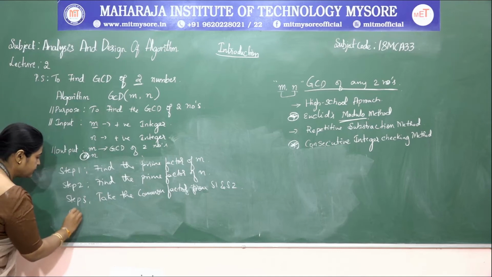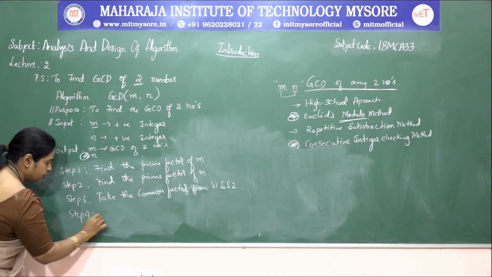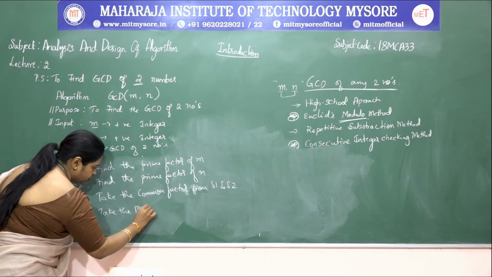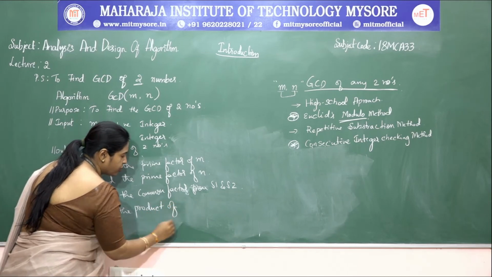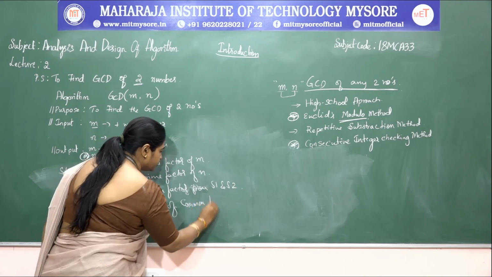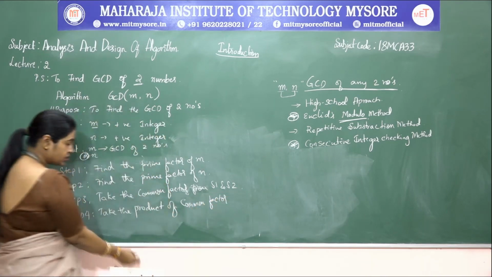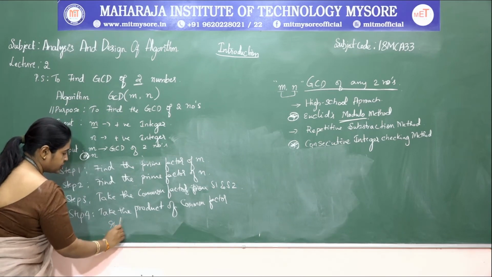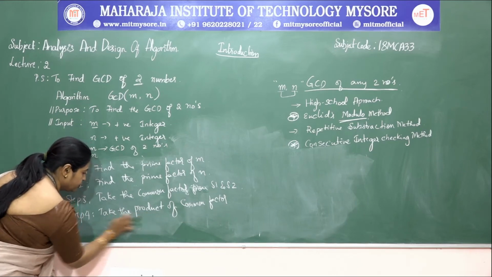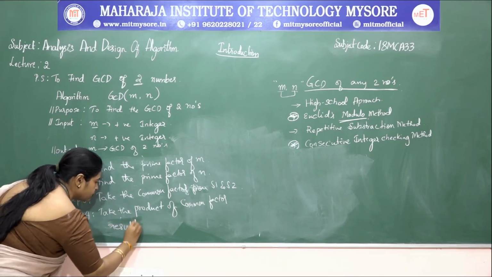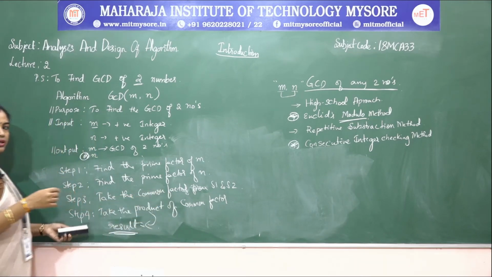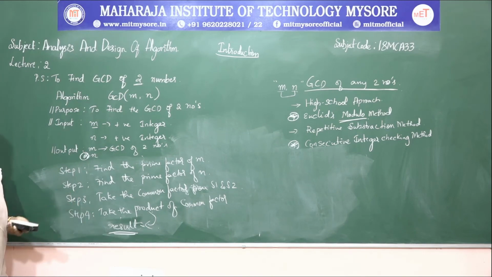Okay. And then in step 4, take the product of the common factors. So the product of those common factors will give you the GCD of two numbers.